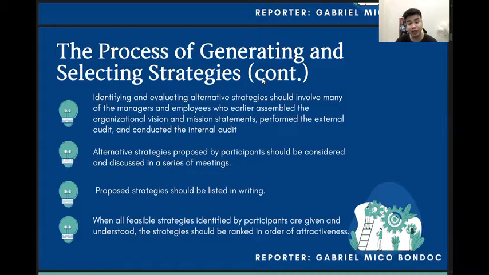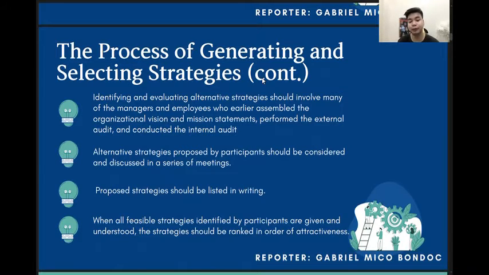Next is identifying and evaluating alternative strategies should involve many of the managers and employees who earlier assembled the organizational vision and mission statements, performed the external audit, and conducted the internal audit. Number four is alternative strategies proposed by participants should be considered and discussed in a series of meetings. So number three and number four promote inclusivity, and of course these people who formulated this shared vision and mission are the best people to actually formulate strategies for it.